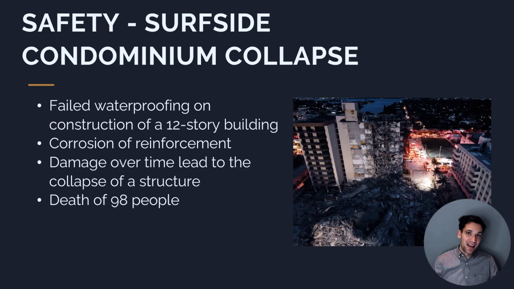So you can see deviations from the original standard, which was waterproofing of the concrete, led to a legacy issue that caused corrosion in the steel reinforcement and ultimately the integrity of the structure of the building, leading to a collapse that killed 98 people. So when we're talking about defects, we're not just talking about money. We're also talking about an ethical responsibility to ensure that what we're building is safe for use.